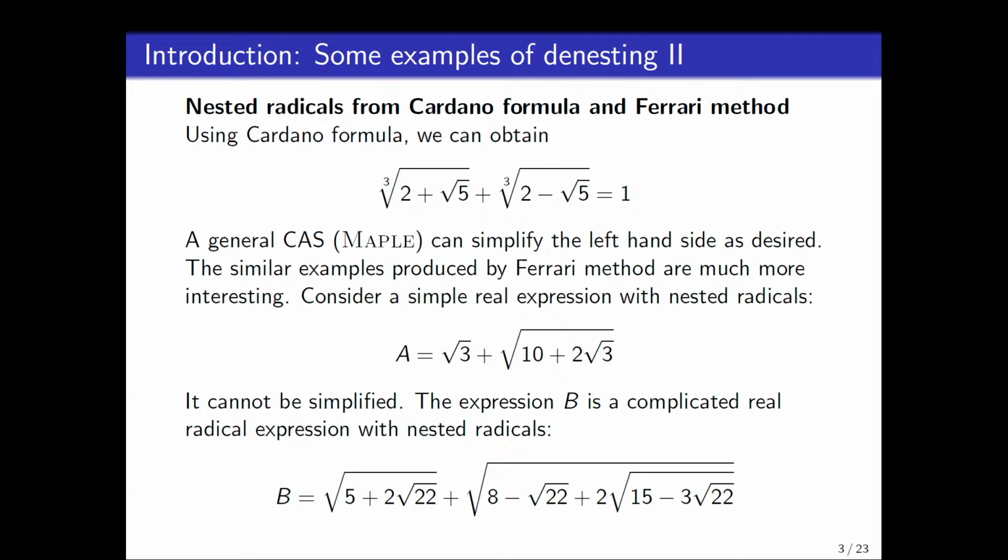For instance, the first example here can be obtained by the Cardano formula, solving cubic equations with one real root. And by the way, our subject of study is radicals over a subset of reals.